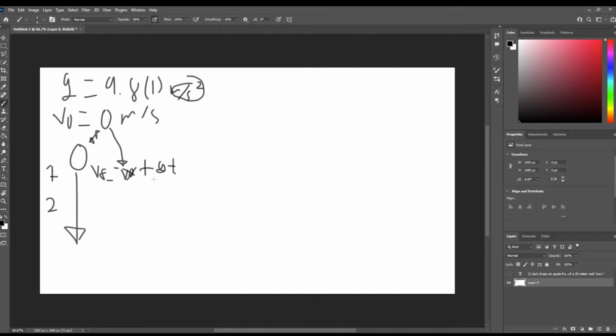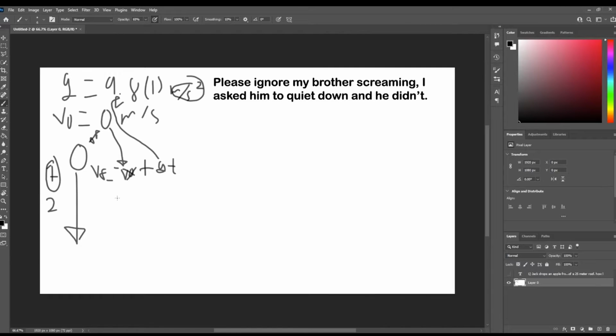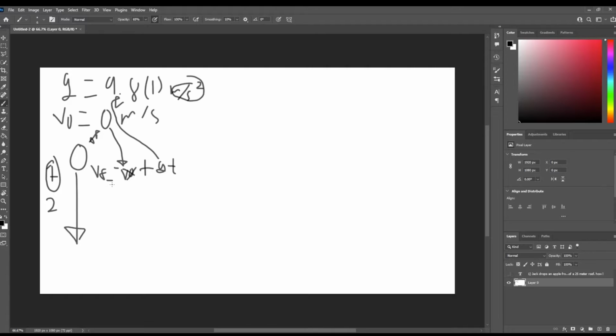Our g, as we showed up here, is going to be 9.8, and our time is going to be 1. So if we put that into the equation, we're solving for v final equals 9.8 times 1.